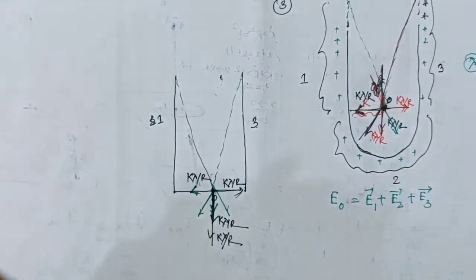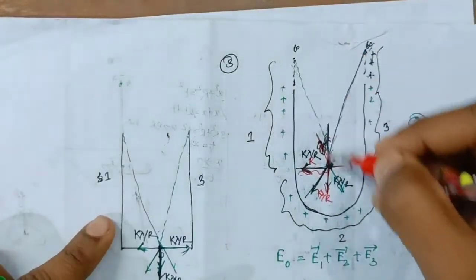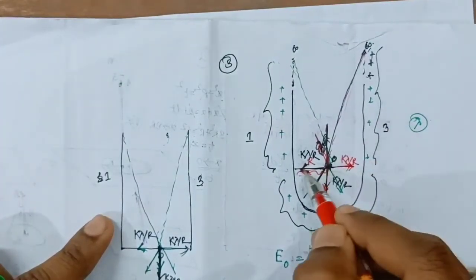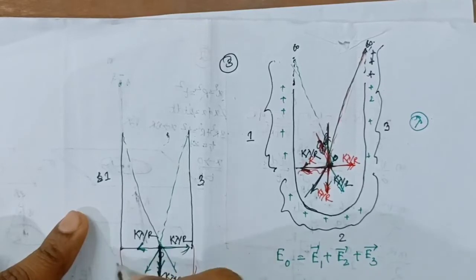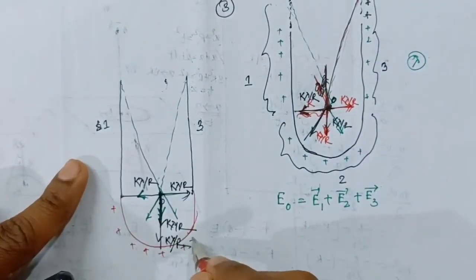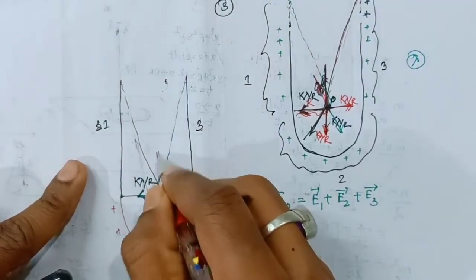This is a very important thing a student has to keep in mind, and has to predict very carefully. Here it goes like this, two components like this. Here it goes like this, two components like this. There will be another section like this, and this is also a positive section, so it will go like this.